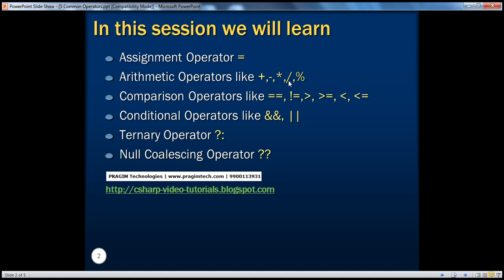One is the quotient and the other one is the remainder. So if I divide number 10 by 2, I get the quotient as 5 and the remainder as 0. Depending on which operator you use: if you use forward slash, you get the quotient, which is 5 in our example. If you use percentage, you get the remainder, which is 0 in our case.